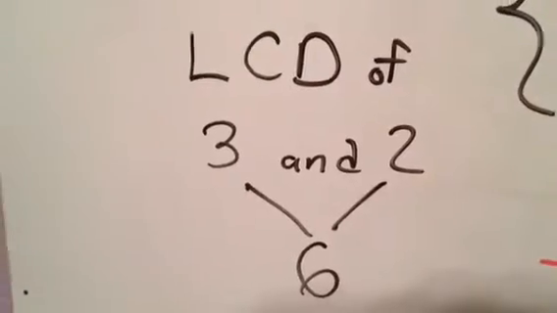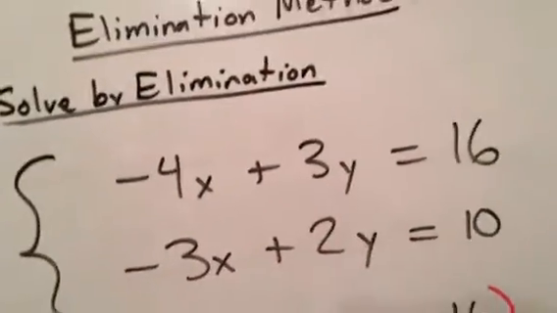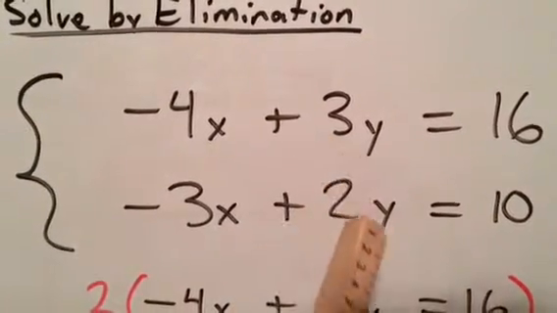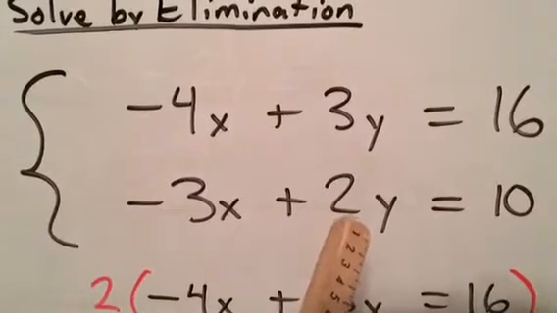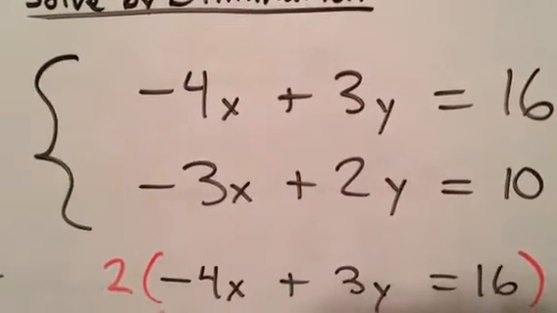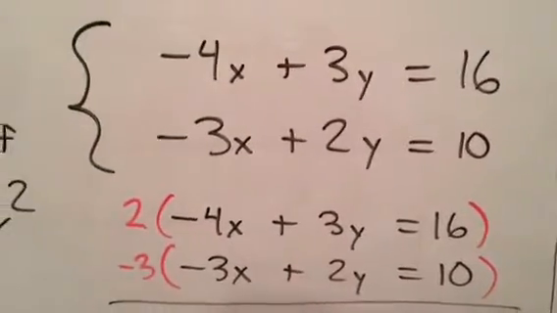What we want to do is have this become a 6y and this become a negative 6y, so that the y's would cancel each other out. And so that is what we are going to do.